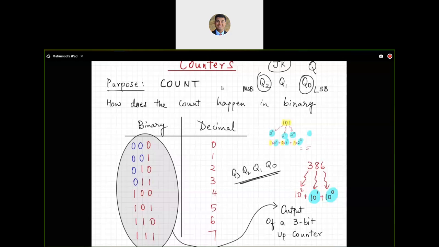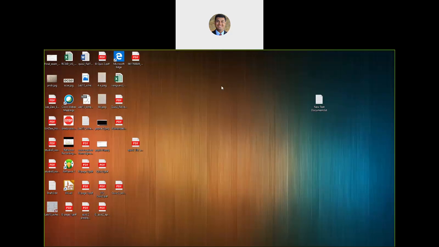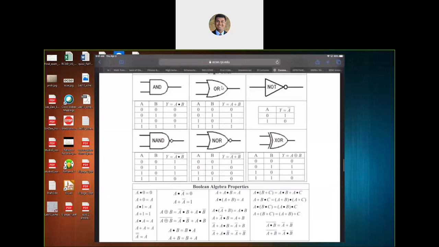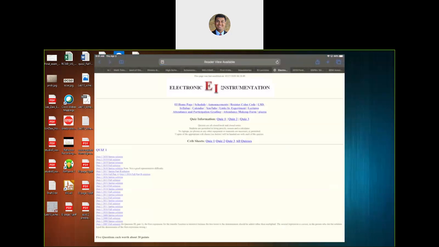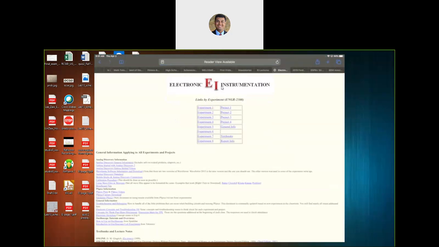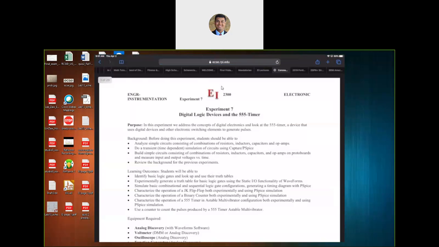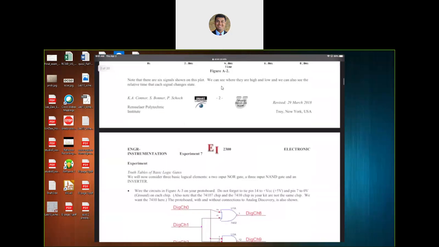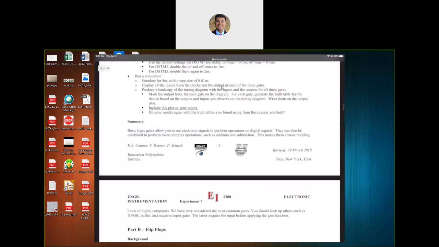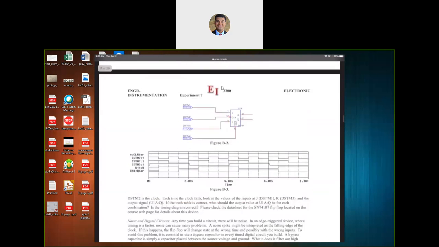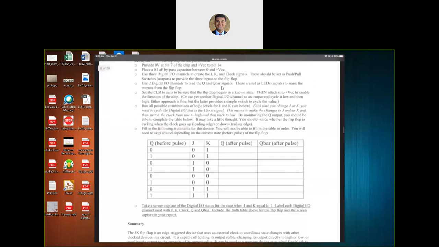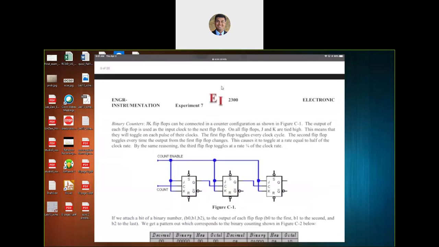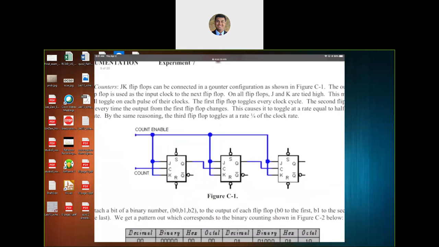So what I'm going to do is pull up, give me 1 second here. So I've got, let's see, homepage, experiment 7, and I try to go to that right there.